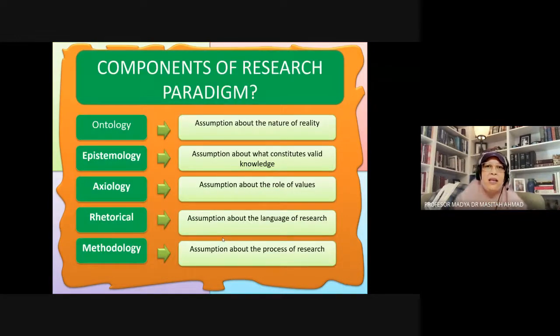And here are the components of research paradigm. We have ontology, epistemology, axiology, rhetoric, and methodology. This is just added value from the slide that I have, just to make it clearer what each of these components of research paradigm is about.